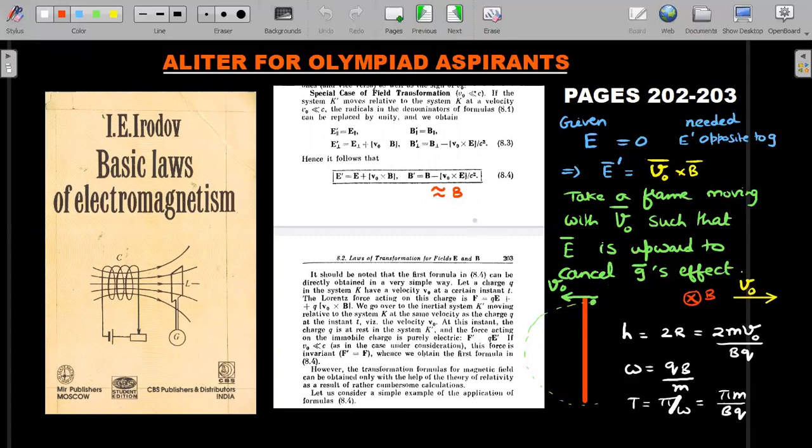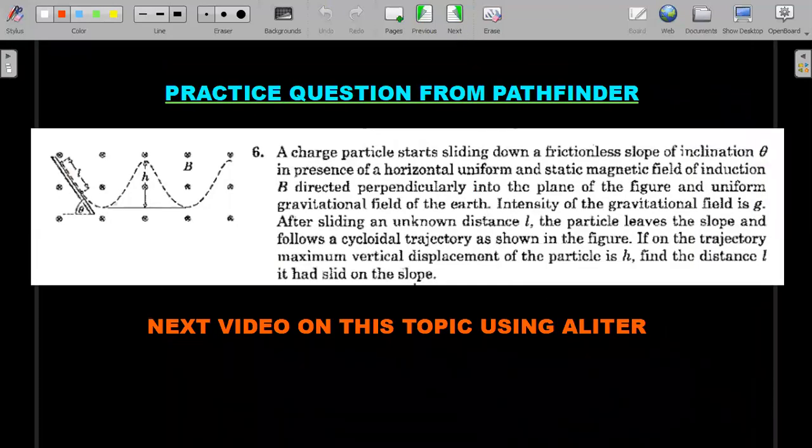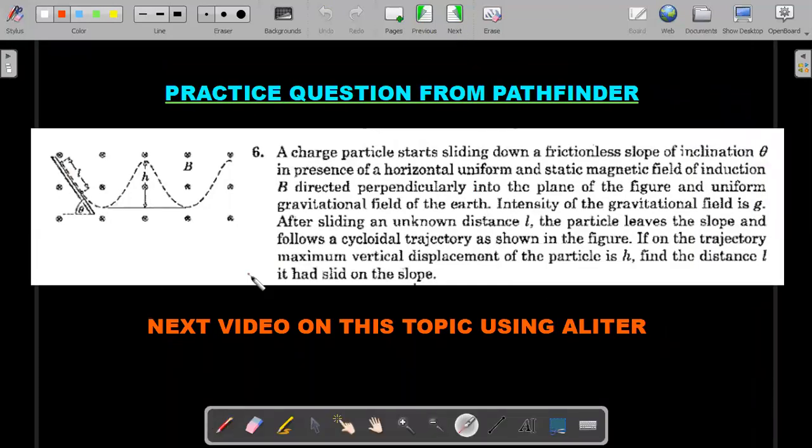Okay, so as a motivation, I would like to produce a video on a tough looking question in Pathfinder. This is a very tough question from Pathfinder. If you use the standard method, it's really tough. Even when you use the rolling disk situation, it's still a long solution. But if you use the transformation method, there is an electric field here in this problem. If you read, okay, carefully read it.